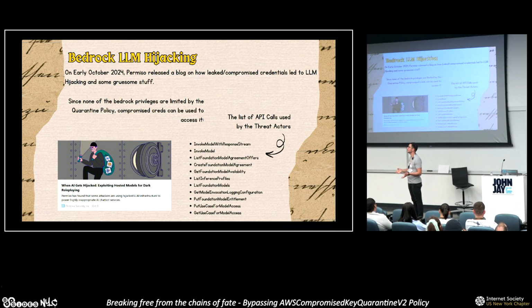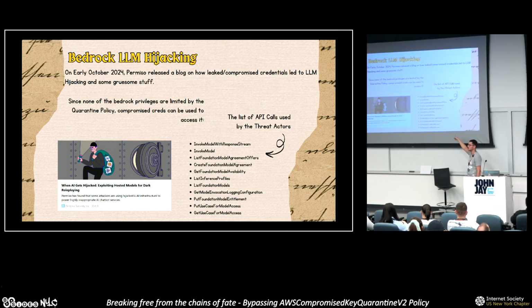Basically, they had a role-play porn site which was using AI agents from other people, from leaked credentials. None of these actions were prevented by AWS. Some of them are currently prevented, but prior to that, none were.